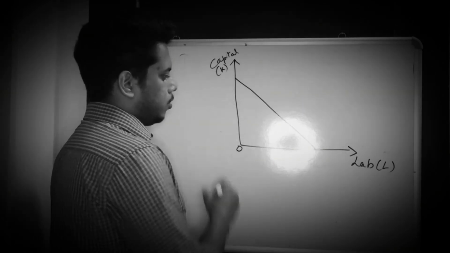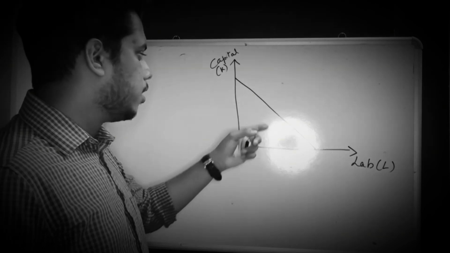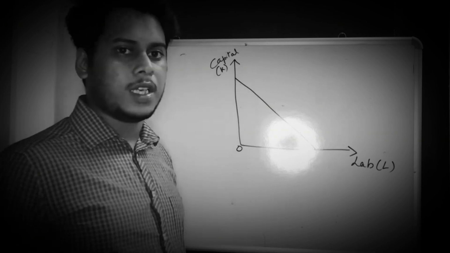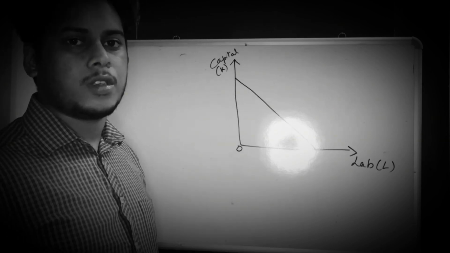So this is the producer's budget line. It is a locus of points. The definition goes something like this: it is a locus of points showing combinations of two inputs.